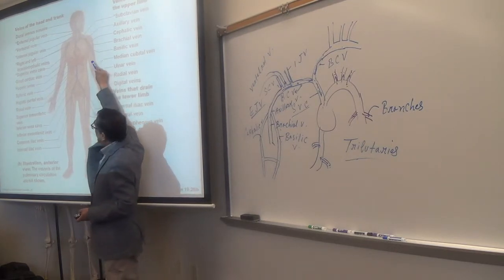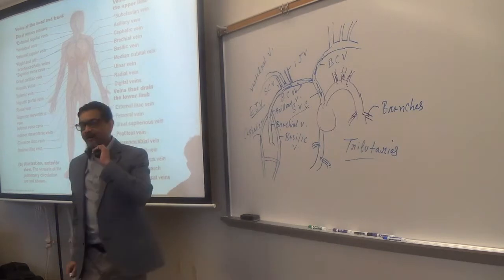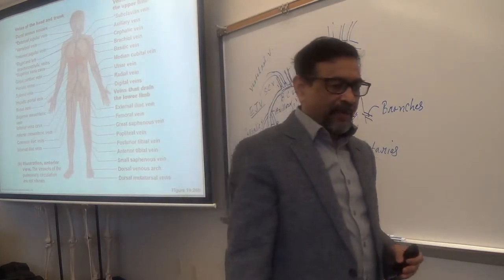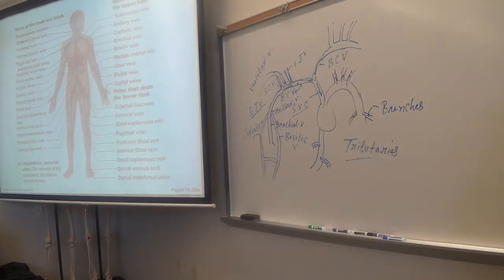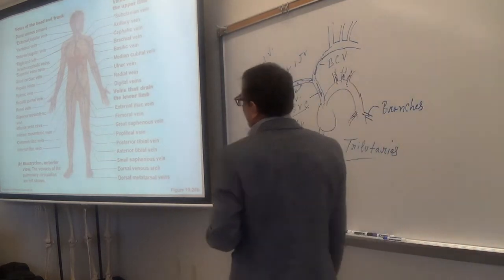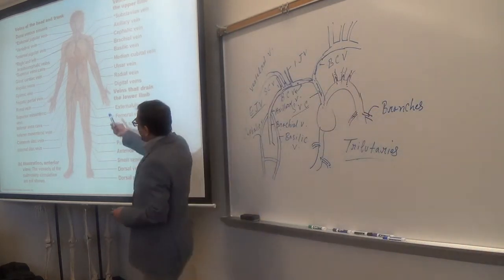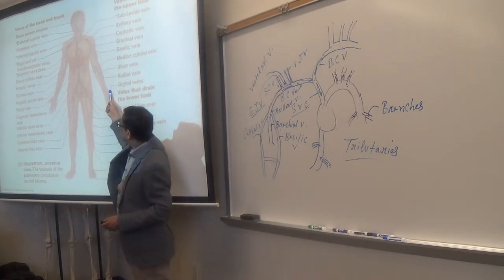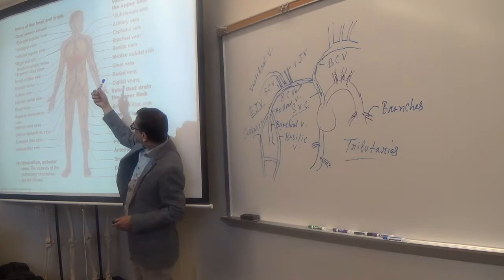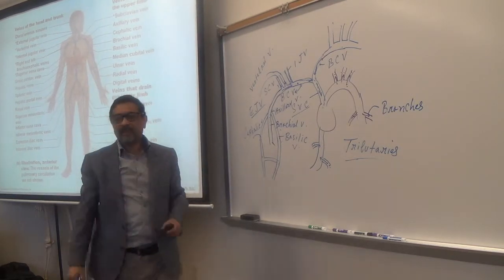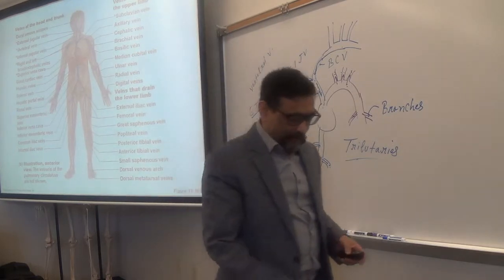Now let's see the brachial. Brachial vein is like the brachial artery. Brachial vein divides into radial and ulnar in the forearm, like your brachial artery. So you see here, deep vein, brachial vein, it divides into radial, on the radial side, thumb side, and ulnar vein on the medial side.